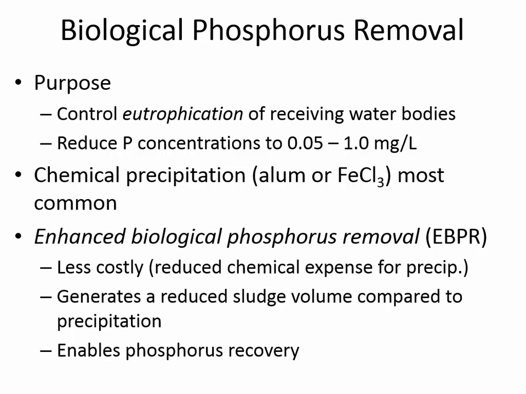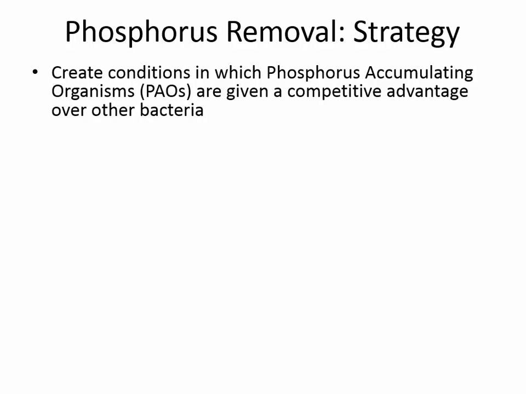So that's why there would be less sludge volume. And there's maybe some possibility of recovering the phosphorus and reusing it as a fertilizer. The sludge that comes out of enhanced biological removal can be worked into fertilizer or mulch sometimes. So here's the strategy, and this is the sort of thing I'd like you to be able to explain on the exam.